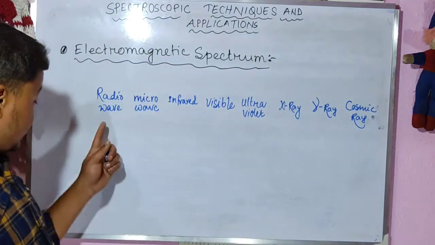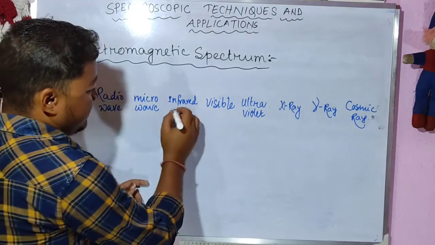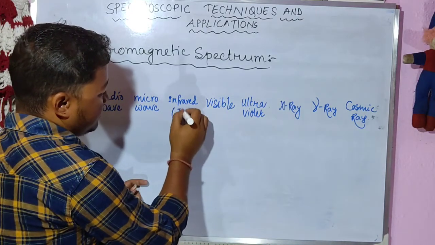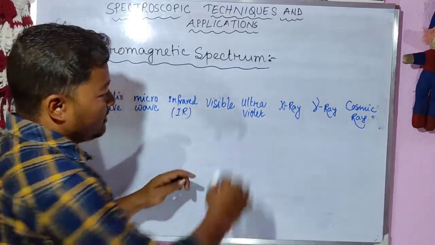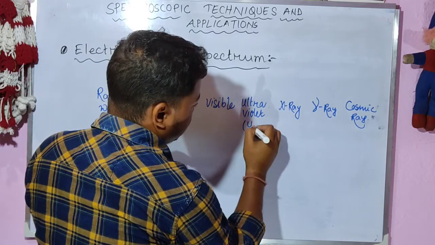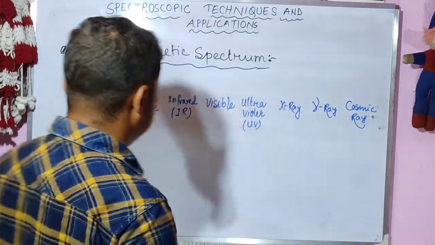So the lowest energy is radio wave, then microwave, then infrared, commonly known as IR for short, then visible, then ultraviolet, UV, then X-ray, gamma ray, and cosmic ray.